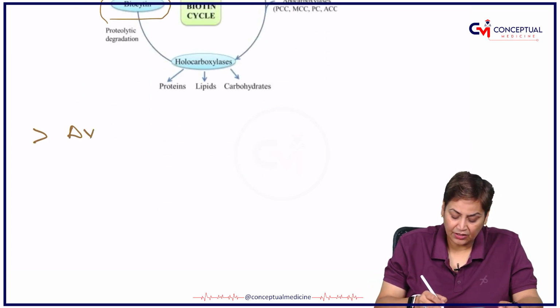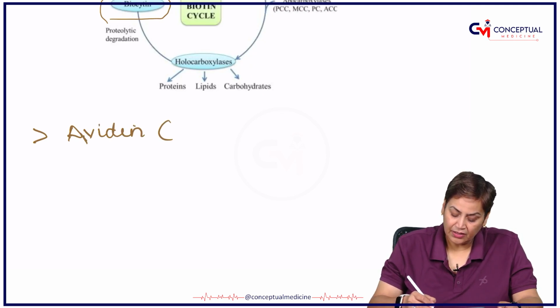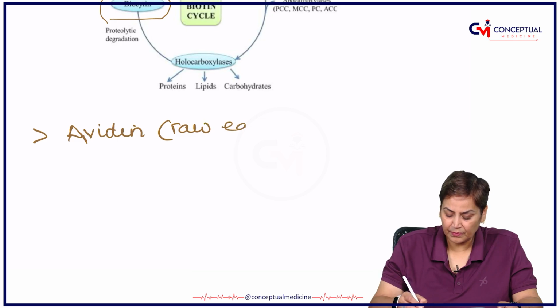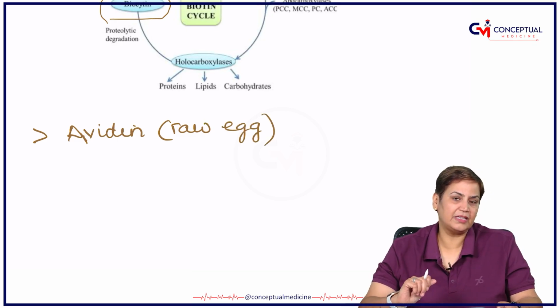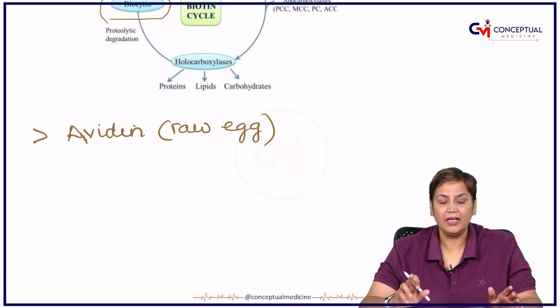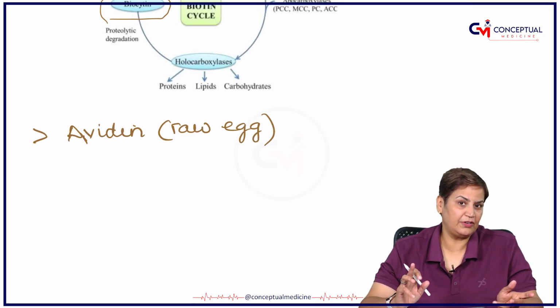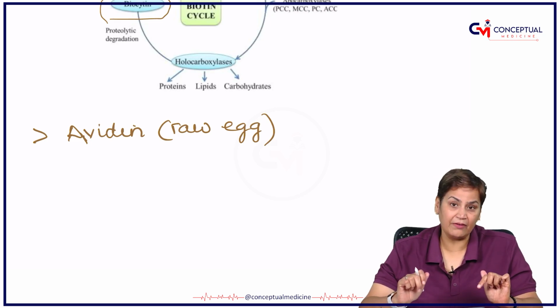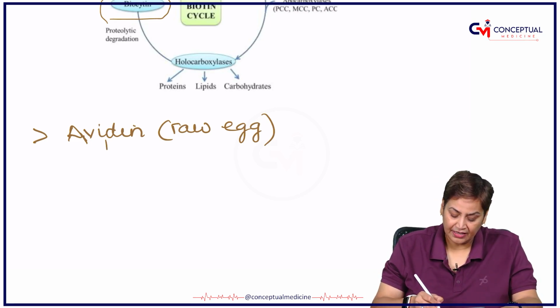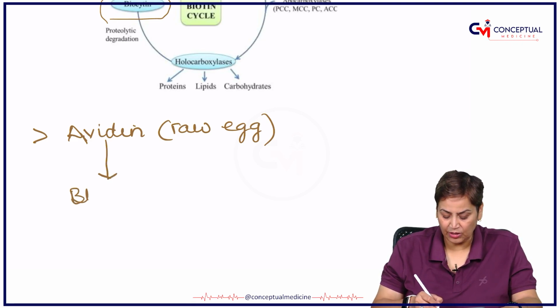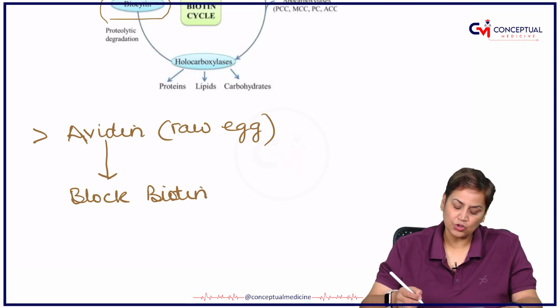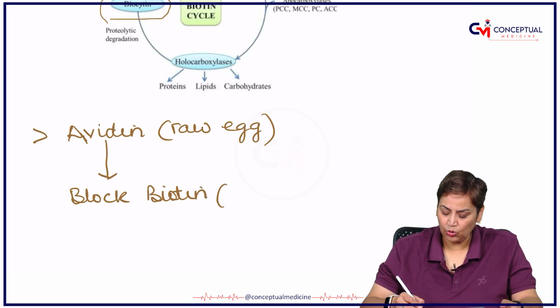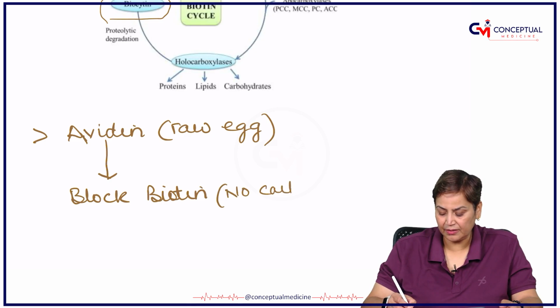So, whenever a person is consuming raw egg, he will be more prone to biotin deficiency. What is the reason behind that? Because raw egg has avidin, and this avidin will block biotin from functioning. So, if biotin is blocked, no carboxylation will occur.